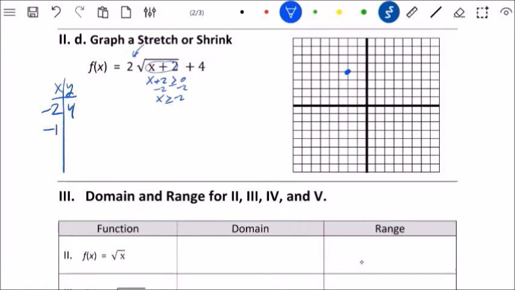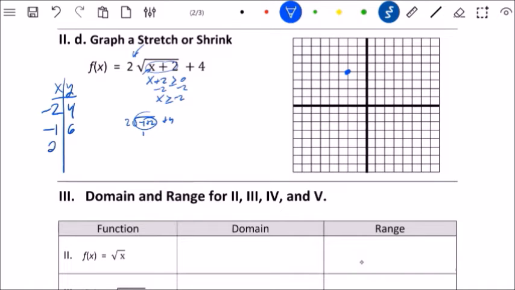Next, now I'm going to go to -1, one greater, because here it'll make 2 square root of -1 plus 2 plus 4. This comes to 1. 2 times 1 is 2, plus 4, we get 6 here. Now, I want to put my x's numbers that'll give me a perfect square in the square root. Then I don't have to deal with decimals on any of this either.